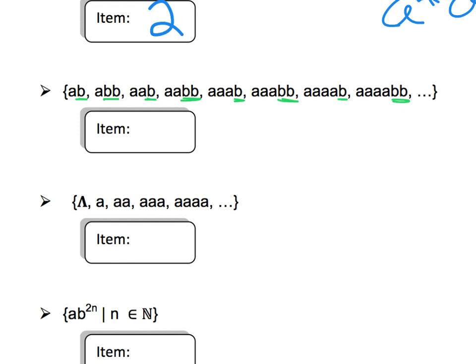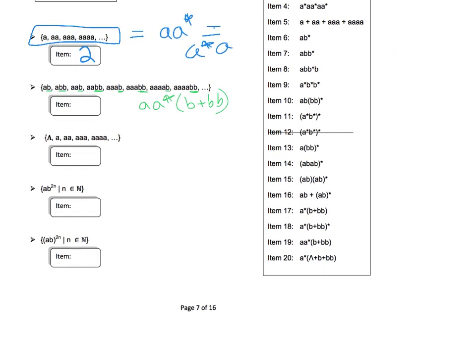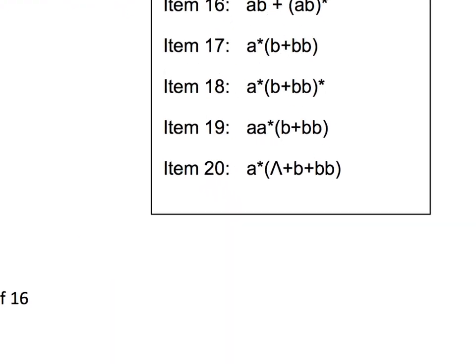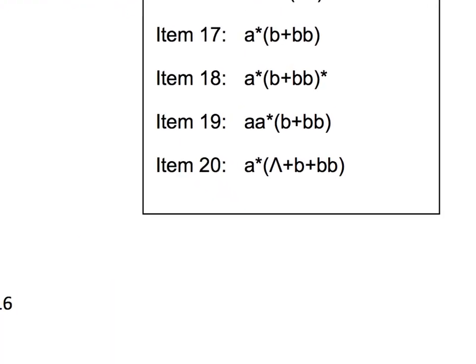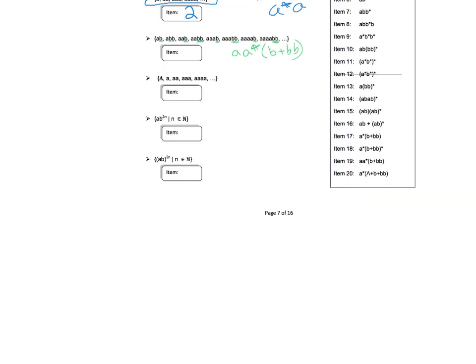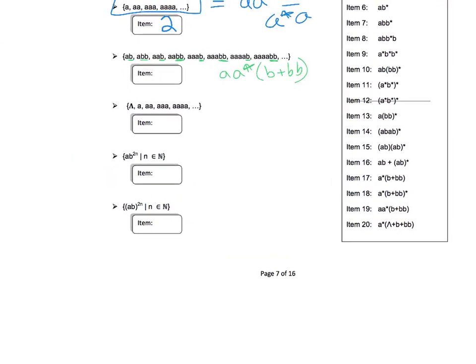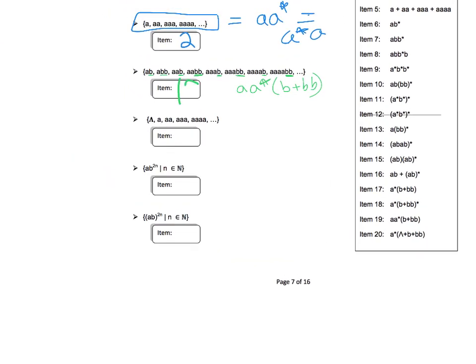So it looks to me like I have to have an A, so it's going to be something like A star, and then I can have 1 B or 2 B's. So let's see if we can find something that looks like that. And, oh, look, I have exactly that down here, right? Item 19, A star, 1 B plus 2 B's. So we're going to put a 19 in there.